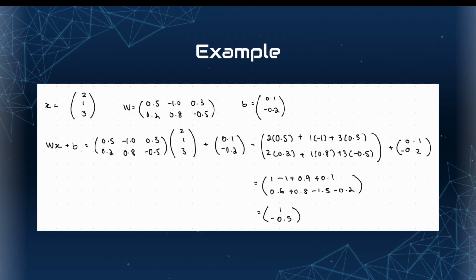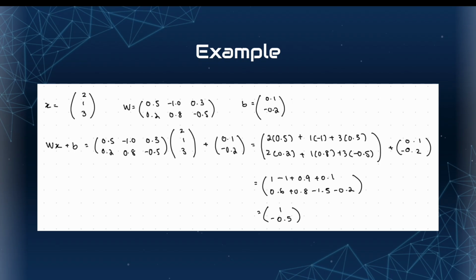For example, let's say we have the input vector 2, 1, 3, and the weight matrix W, where the first row of W is 0.5, -1, 0.3, and the second row is 0.2, 0.8, and -0.5. And the bias vector b is 0.1, -0.2. Our output vector is given by Wx + b.